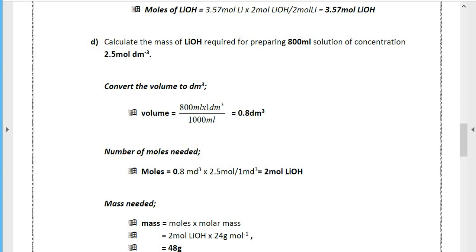Observe that if a solution is 800 milliliters and it is a concentration of 2.5 moles per cubic decimeter, if we were to increase it to 1 liter, which is equivalent to 1 cubic decimeter, what do you think would happen to the concentration? Would the concentration increase or decrease? Remember, we can only increase it to 1 liter by adding more water, by diluting it. So the concentration would reduce.